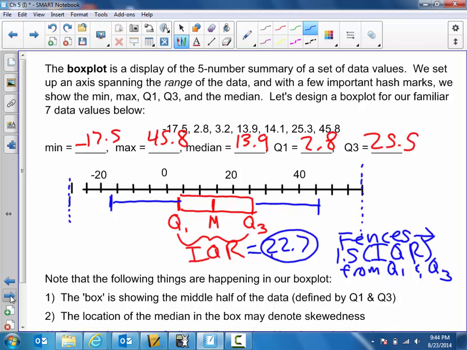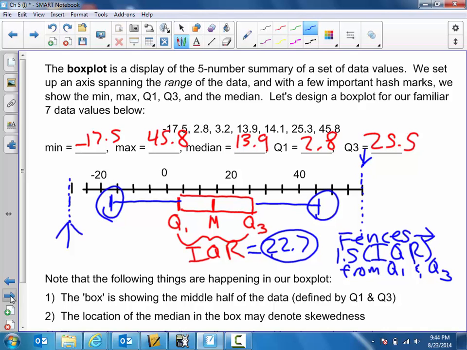So the way that these fences work is that the lowest data value between quartile 1 and that bottommost fence becomes your bottom whisker. The highest data value between quartile 3 and this fence over here becomes your highest whisker.